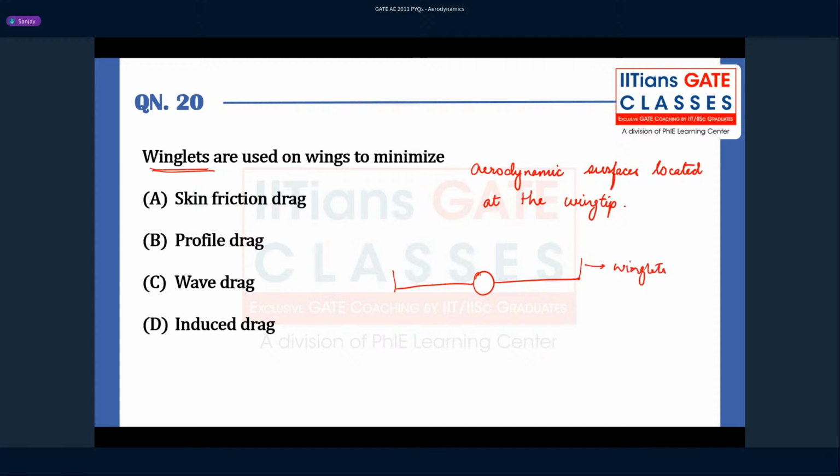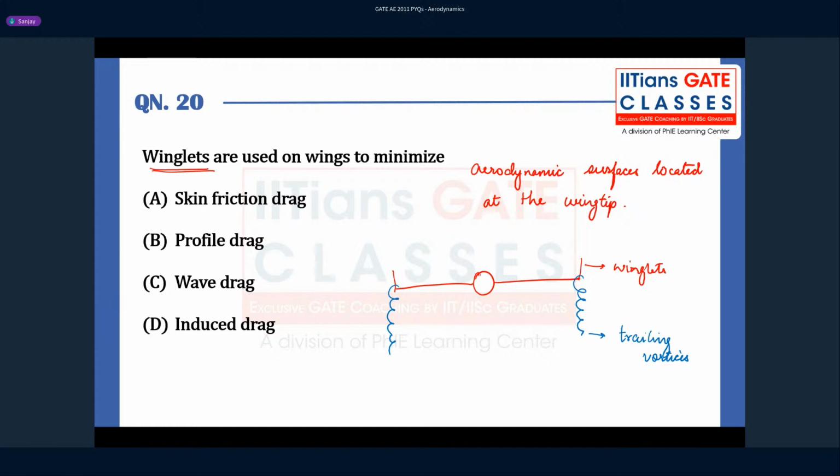Now, why are they located at the wing tips, guys? What is more prominent at the wing tips? There are wingtip vortices, right? So essentially, there are trailing vortices at the wingtips. Why do these trailing vortices appear? Because of the pressure difference, right?